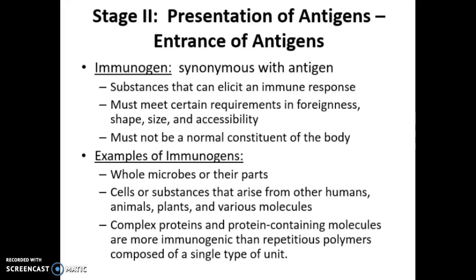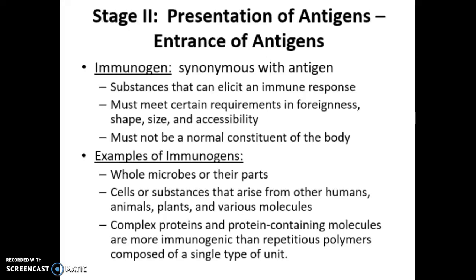Is it part of a protein that is buried deep inside all of the other amino acids, and so it's not actually seen by the immune system because it's not on the surface of that protein? Alright, so that type of accessibility. And again, also, hopefully it's not a normal constituent of the body, so it's not self. Right? The immune system should be trying to avoid attacking its own self.